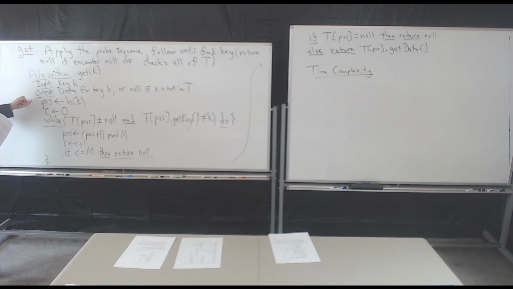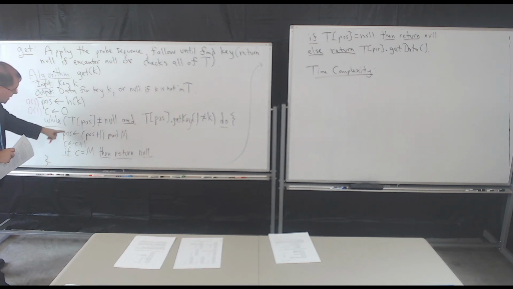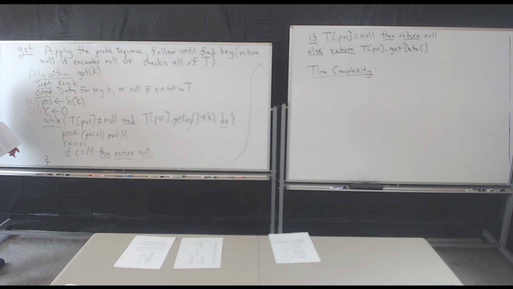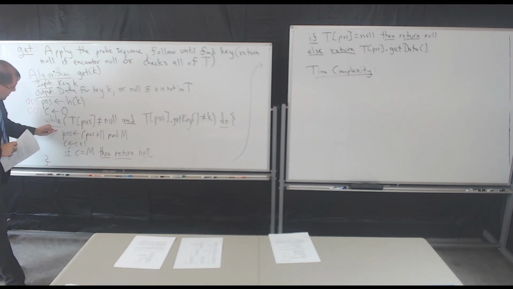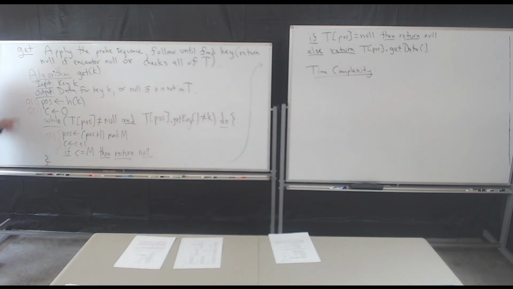It takes constant time, right? Because that is the computation of our hash function. This line, that takes constant time, right? It's just some assignment. All of these inside here, each one of those operations takes constant time.